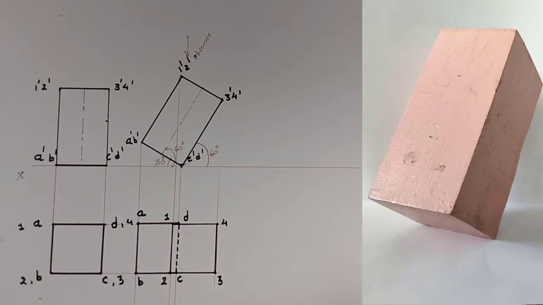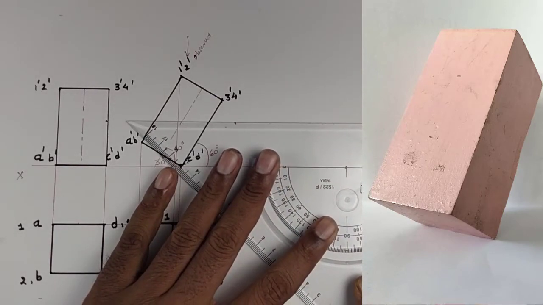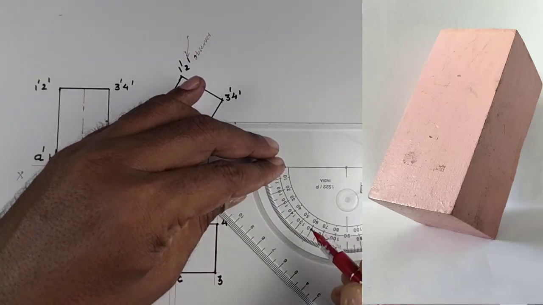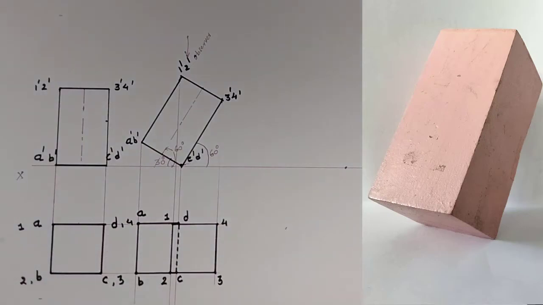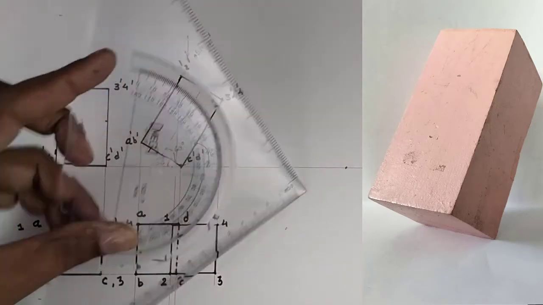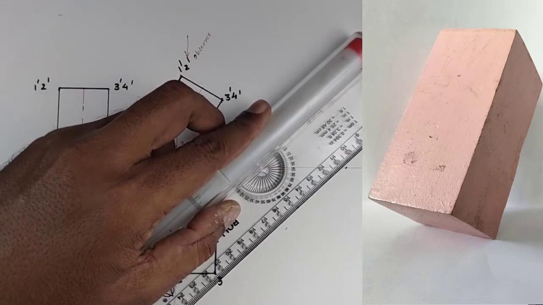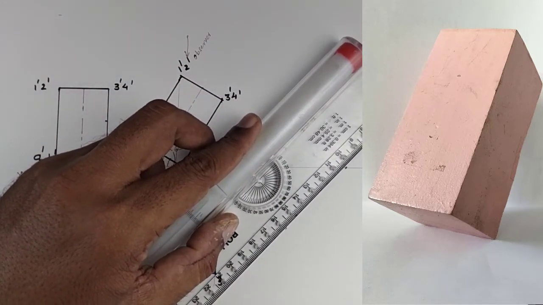First, we take a reference point on the XY line. At this reference point, we first draw the 45 degree inclination line. And always you can draw this inclination line with light. It should be light.